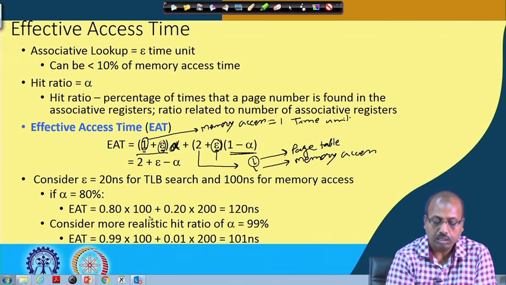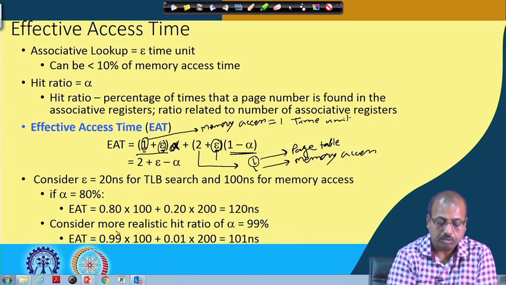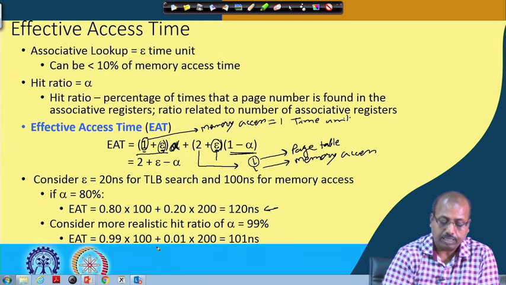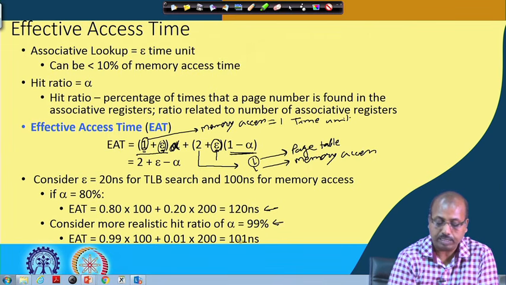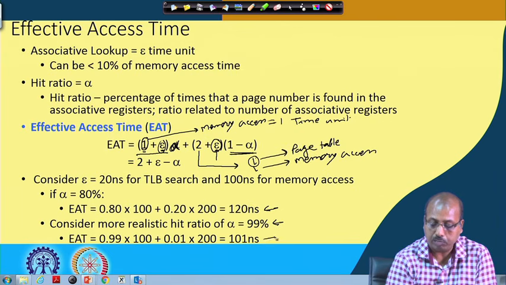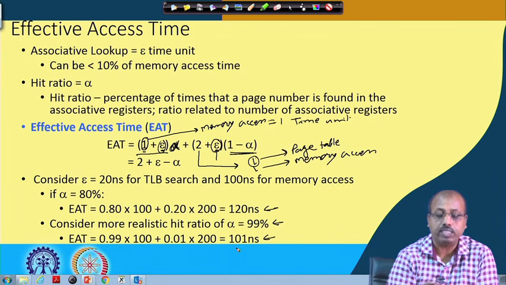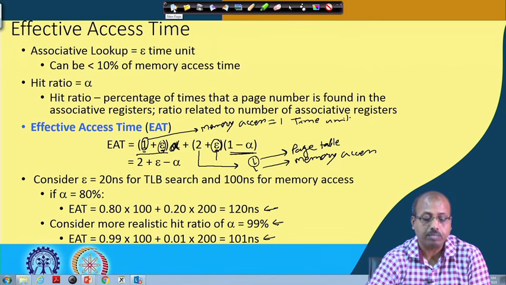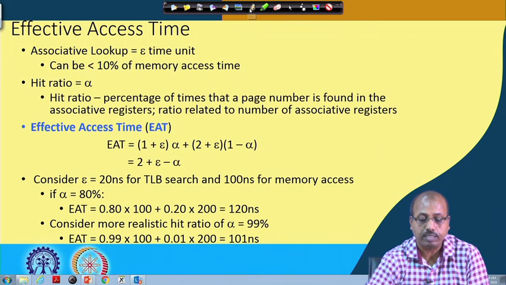If you put this into the expression, it is about 120 nanoseconds. On the other hand, if we consider a more realistic hit ratio of about 99%, this expression turns out to be about 101 nanoseconds. So, as the hit ratio improves, we get much faster access to the memory. This way we can calculate the effective access time for TLB based access.